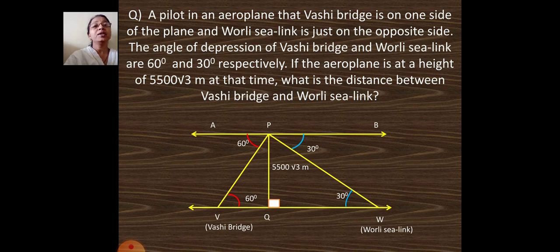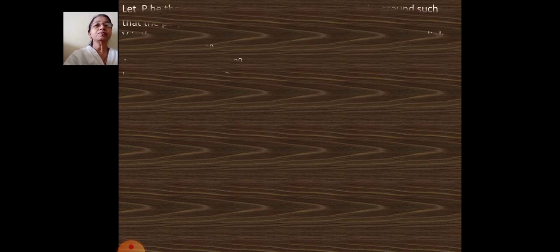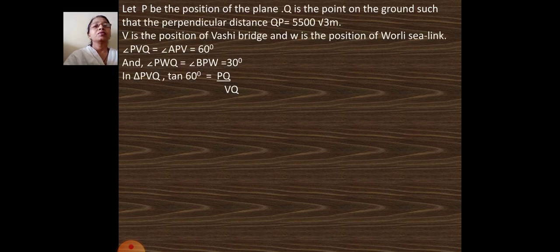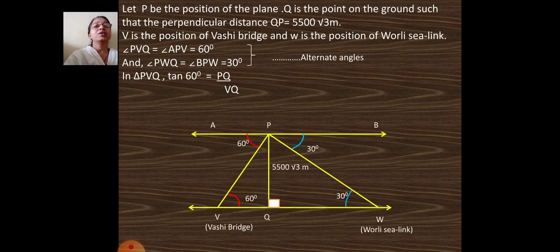What we have to find? Find the distance between the two bridges, that is distance VW we have to calculate, and VW is nothing but VQ plus QW. That means you have to consider these two triangles, apply the trigonometric ratios and then add them. So let us see the diagram again. Let P be the position of the plane.